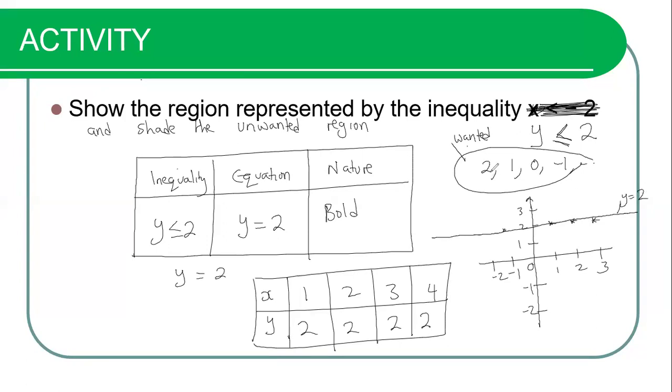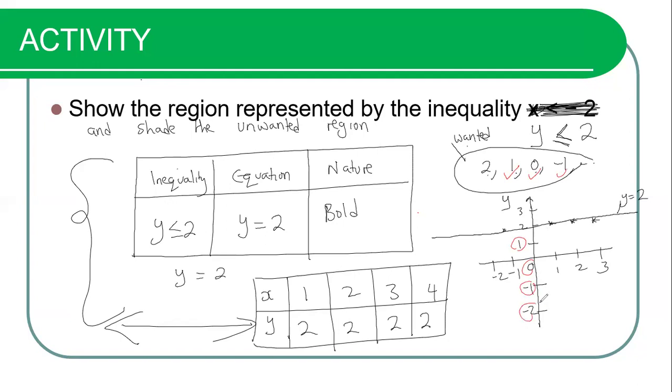Now, when you are measuring y, you measure it in this format. When you are measuring x, you measure it horizontally. When I'm measuring y, the region which has these values, 2, 1, 0, -1, is the useful region of y. Remember, this is the y-axis. These are the y values. 1 is here, 0 is here, -1 is here, -2 is here.